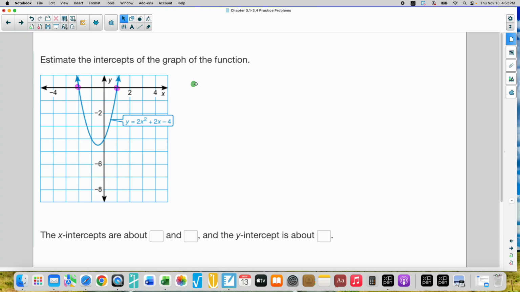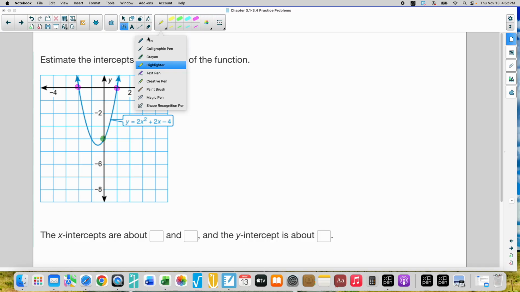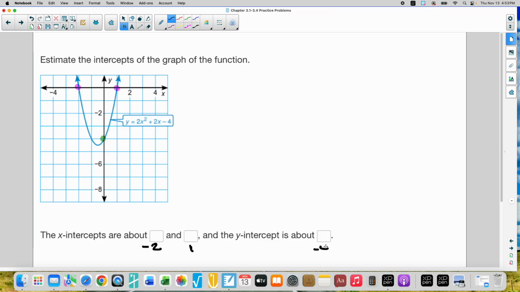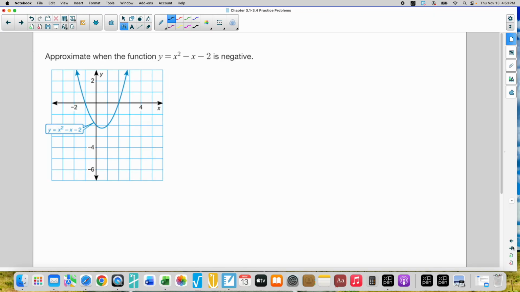So those are my x-intercepts. This is my y-intercept. So my answers are going to be x-intercepts are about -1/2 and 1. And the y-intercept, -1, -2, -3, -4. So those are the intercepts for that.